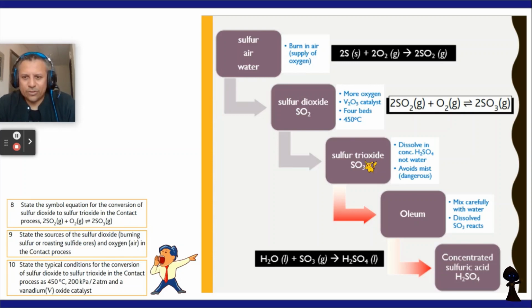By dissolving the sulfur trioxide in concentrated sulfuric acid, which is around 98.5%, you get 99% sulfuric acid, which is considered to be oleum. Some texts actually refer to the oleum as a combination of H2SO4 and SO3, so it becomes H2S2O7, but you're not expected to come up with that.